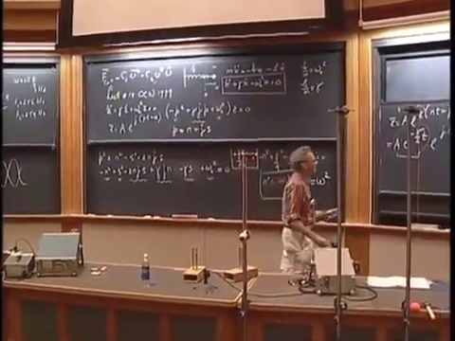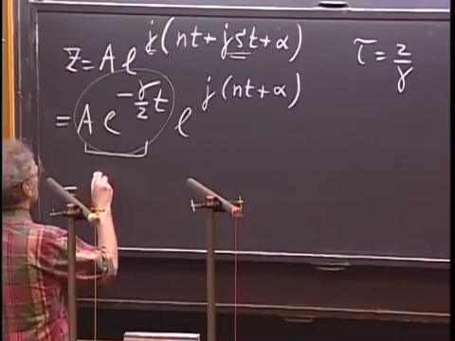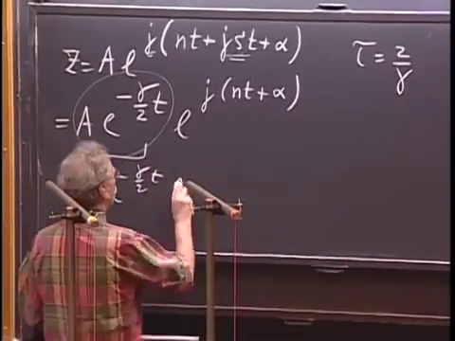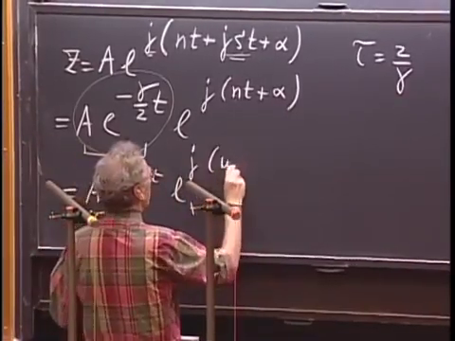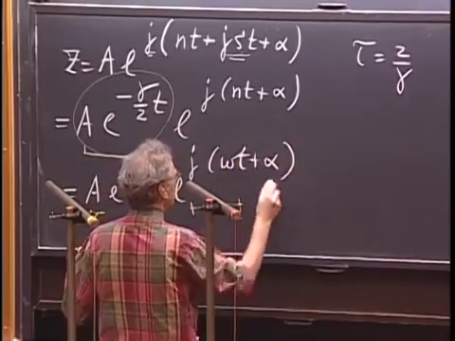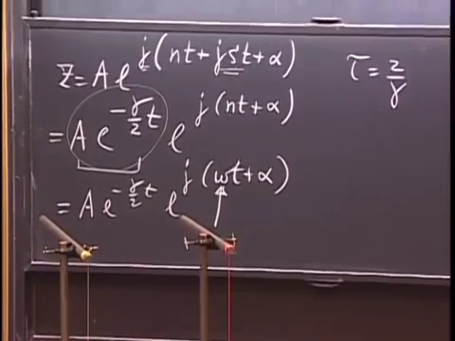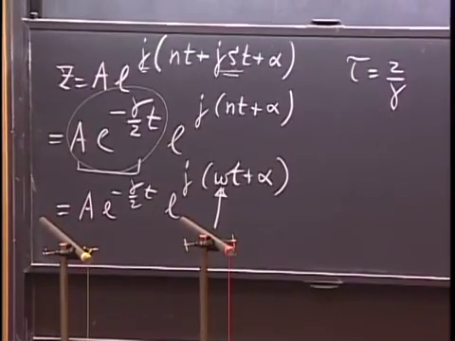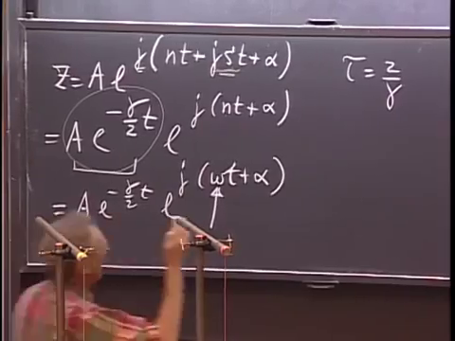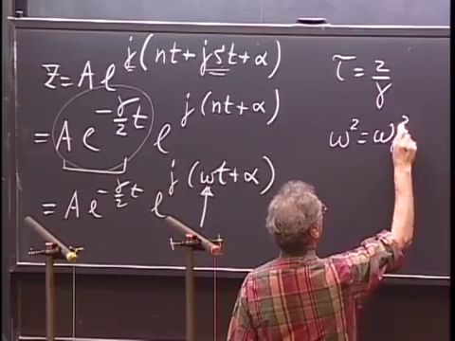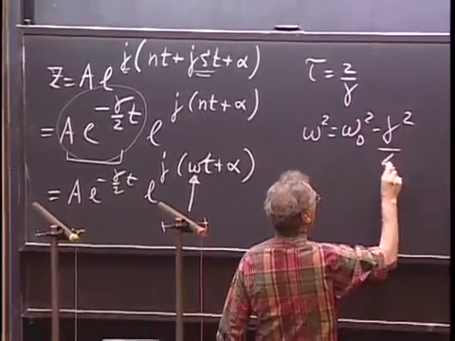So if I write this now, A e to the minus gamma over 2, I can write down now j omega t plus alpha, and I know exactly now what that omega is. That is the square root of this number. And so therefore omega squared is omega 0 squared minus gamma squared over 4.